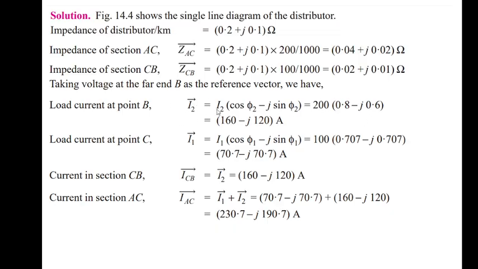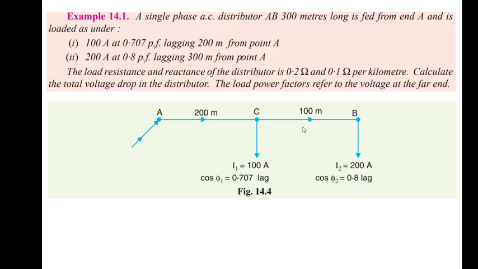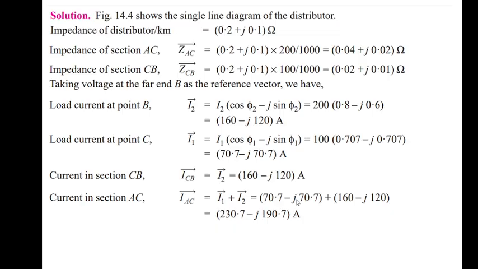So I2 is equal to I2 times cos phi2 minus j sin phi2. And the current in section CB is I2. IC here is equal to the summation of this current and this current. This is a very simple calculation.